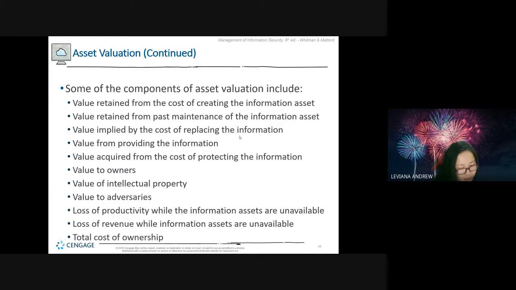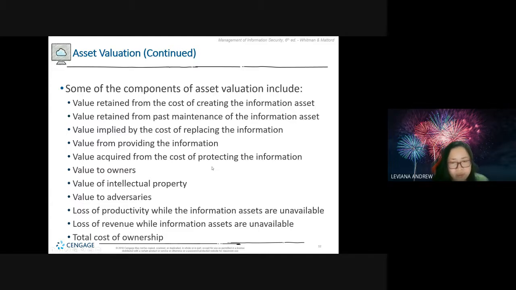This is the cost of providing information to users who need it. These also include the cost of infrastructure necessary to provide access and to control the information. So this is basically the salary of the IT programmer that modifies something in the system to give access to the user.